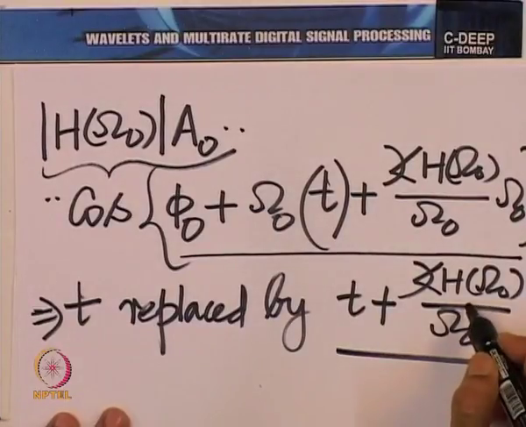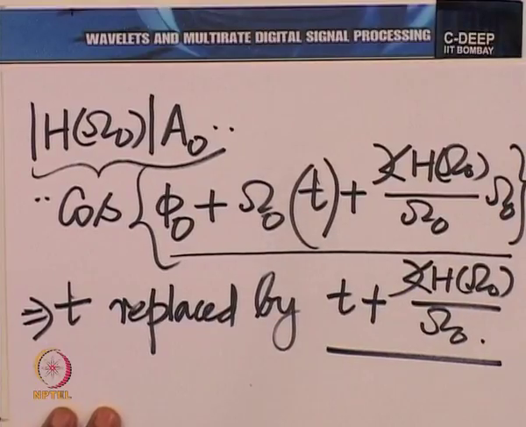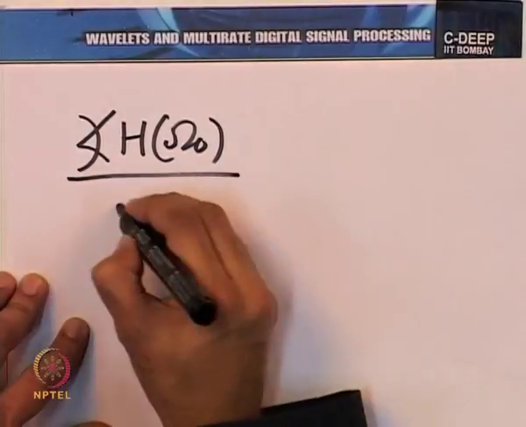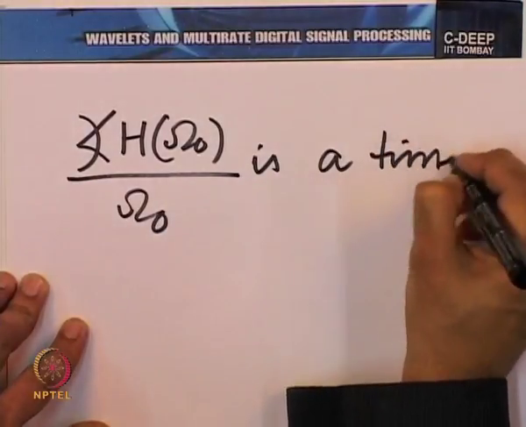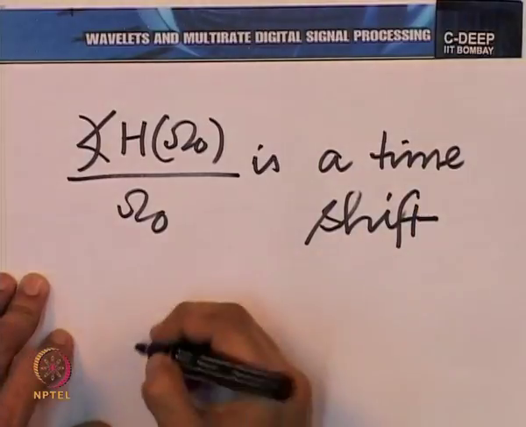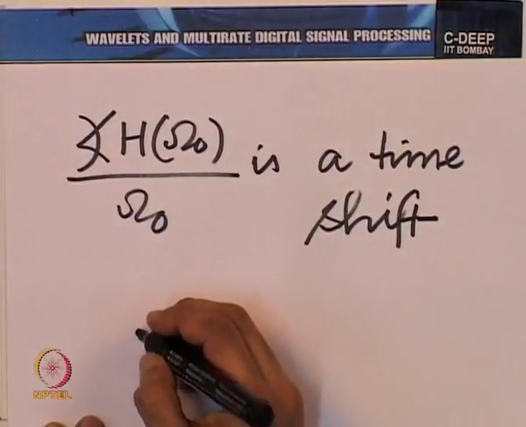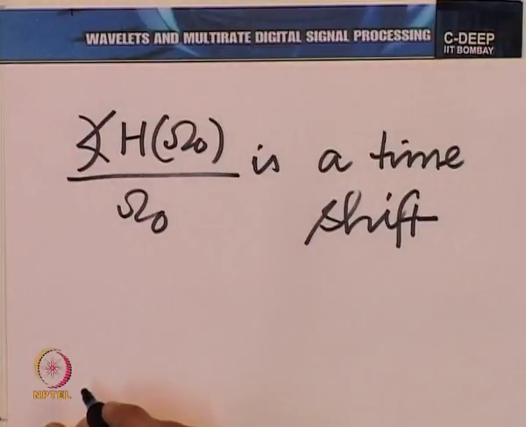So, essentially this quantity, angle h omega naught divided by omega naught, is like a time shift. Is that right? It is an important observation we make. Now, just in case it is independent of omega naught, we have a good situation.